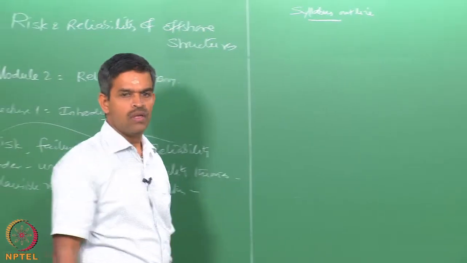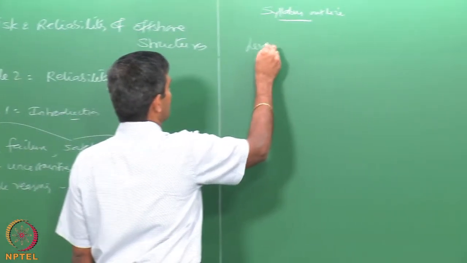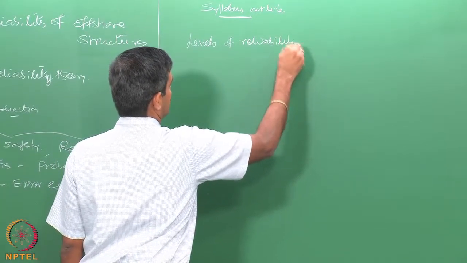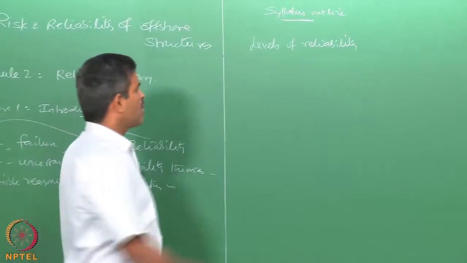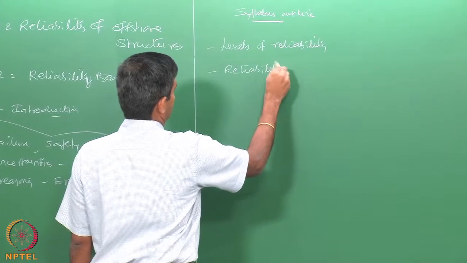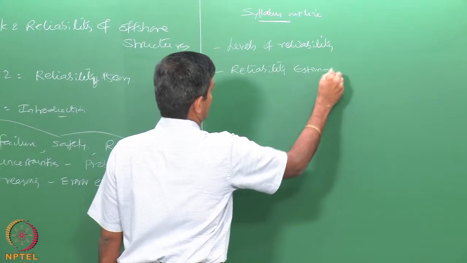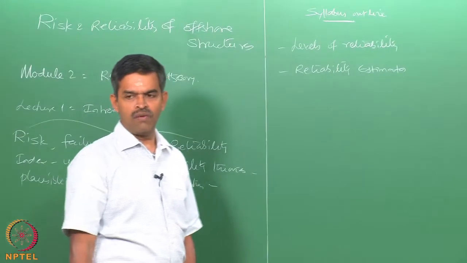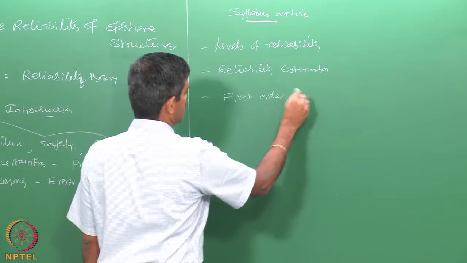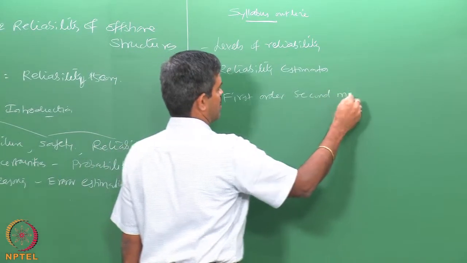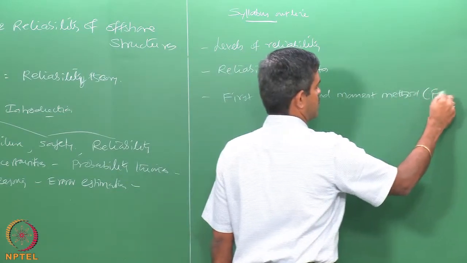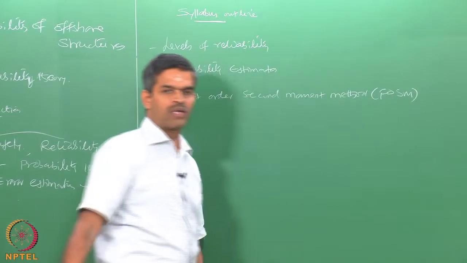For module 2, we will talk about various levels of reliability, we will talk about reliability estimates, then we will focus on the first order second moment method, where we so expand as FOSM.